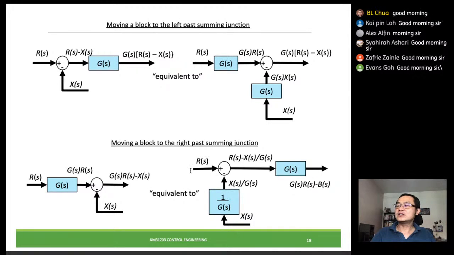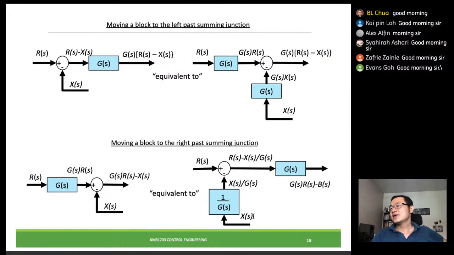So if we have another line coming in, we have to add a block of 1 over g, so that we reduce the actual signal, or increase the actual signal, depending on whether g is small or big. We have to mitigate this effect, because originally this should be 1, x coming in. So we want to reduce this signal.